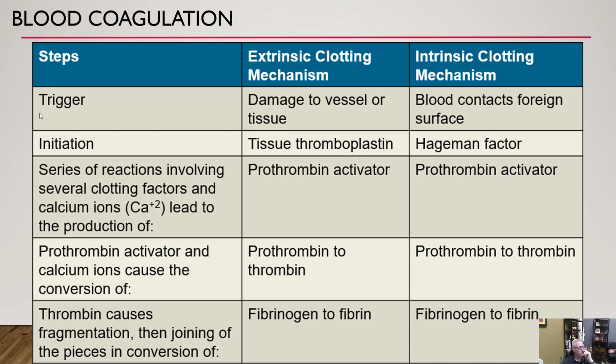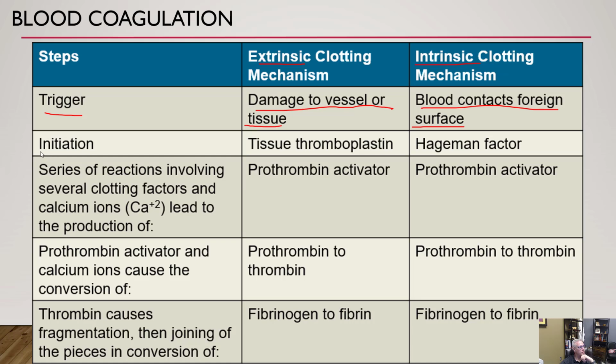All right, so our trigger here for the extrinsic side is damage to a vessel or tissue. On the intrinsic side, basically our blood is going to come in contact with a foreign substance, such as collagen.